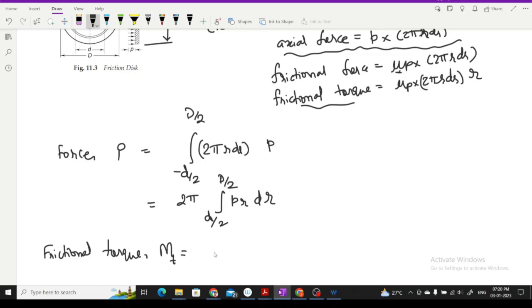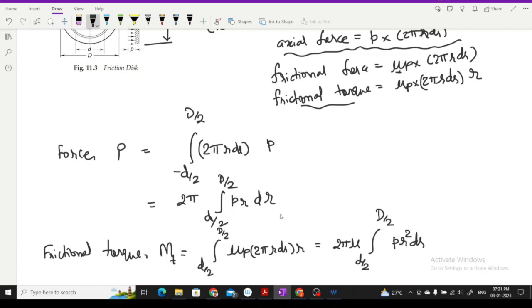Now we are going to integrate. If you integrate from d by 2 to D by 2, it is mu p 2 pi r dr into r. Here also, if you take out the constants, 2 pi mu, it will be given by this expression, right?